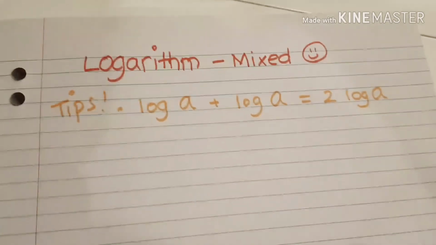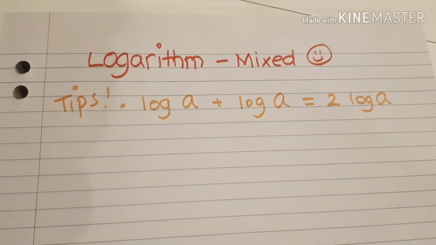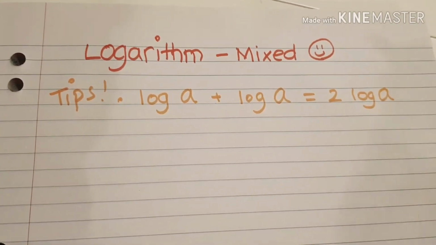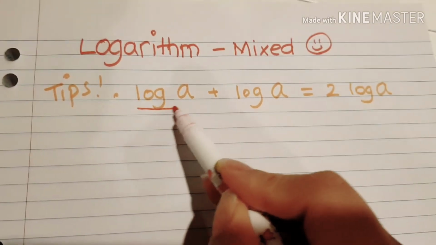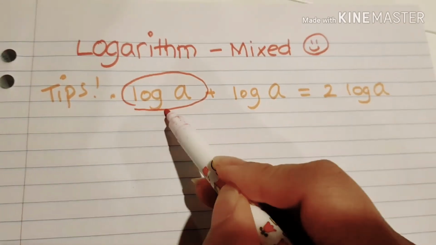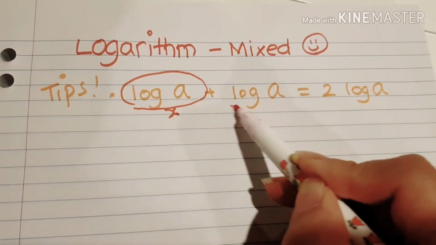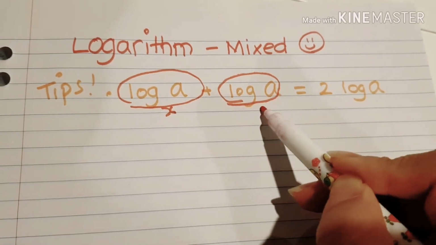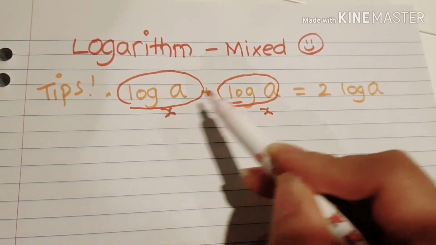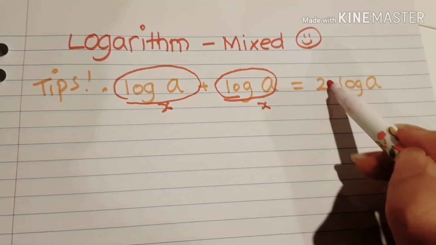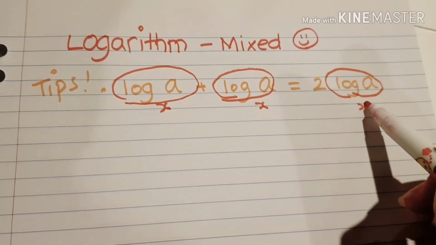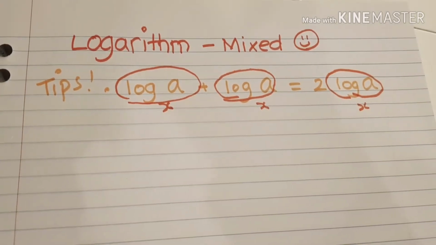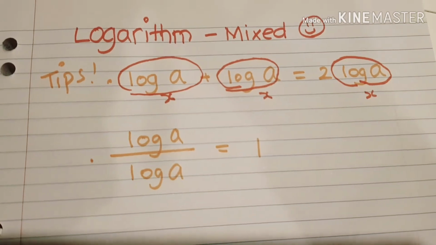Think of log of the same thing as an x, so x plus x, you'll end up having 2x.